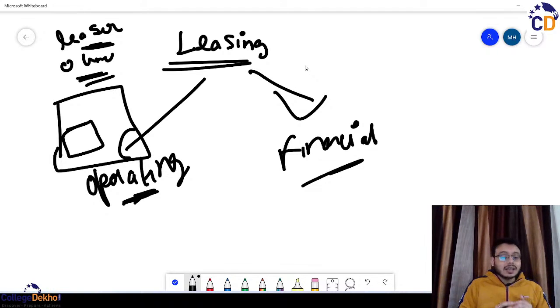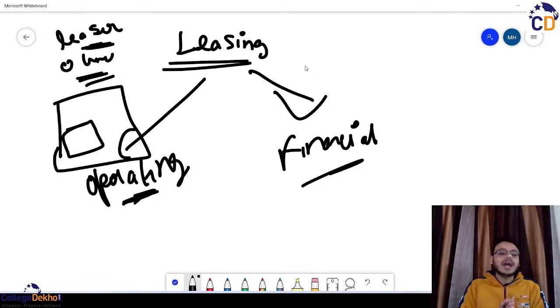So what happens in the case of the operating lease? The lessee, the person who is giving the contractual payments on a rental basis, can either renew the contract and keep on living in that apartment or using that office, or that person can cancel the contract.